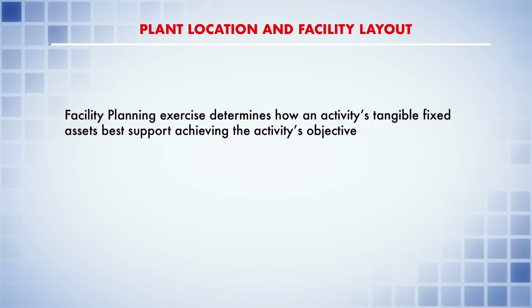Basically, the facility planning exercise determines how an activity or tangible fixed asset best supports the activity objective. Now, if I give you an example, my room where I am sitting, my library, my cafeteria, all come under facility planning.